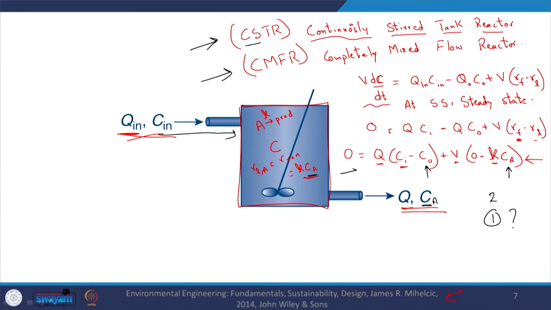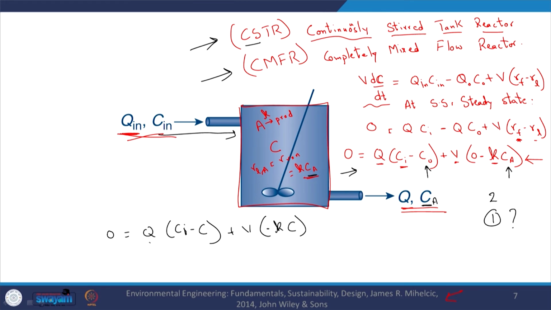So, with that information, what can I do? 0 is equal to Q into C in minus C out, which I will just say is C, plus volume into minus K, the concentration of the compound inside the reactor, which I will just refer to as C. Now, if I play around with these variables to try to solve for C, let us see what I will have.